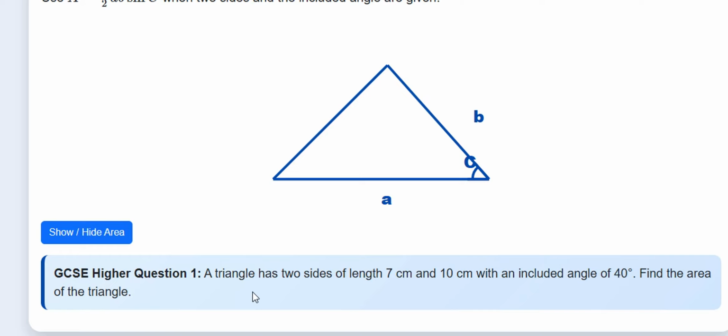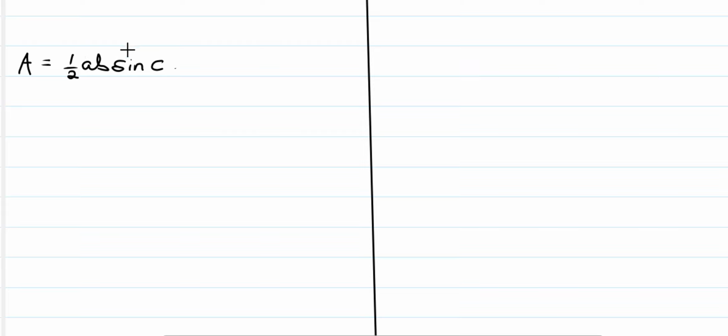Using this question, we are told a triangle has two sides of length 7 cm and 10 cm with an included angle of 40 degrees. Find the area of the triangle. So the formula for getting the area is given by area equals half AB sine C, where A and B are the given sides, then sine C is the sine of the angle given.